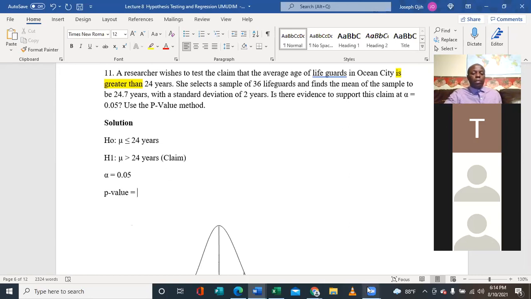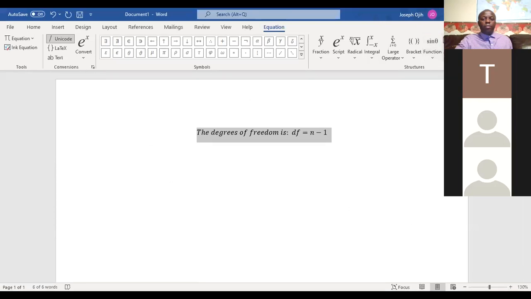Okay, so let me go and get the character for it from the other workbook. The sample mean, X bar, equals 24.7.